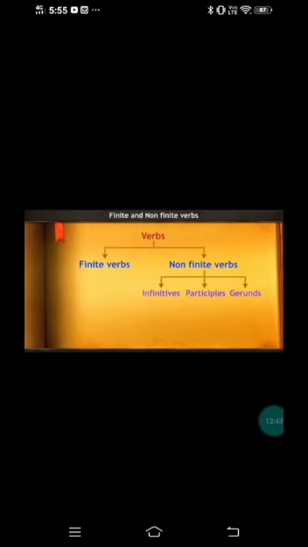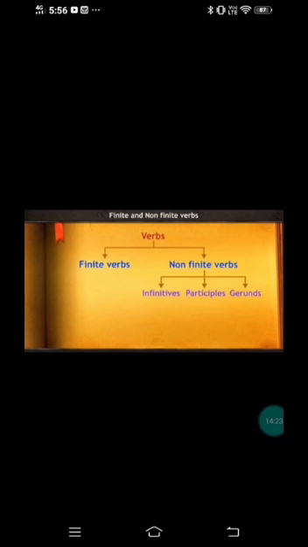So children, we have learnt about verbs, and verbs have been divided into two types, that is finite verbs and non-finite verbs. Finite verbs are those which change their form according to the person, number and tense. And non-finite verbs do not change their form according to the subject, right? Non-finite verbs have been divided into three types again, infinitives, participles and gerunds. How to identify an infinitive verb? It's very simple.